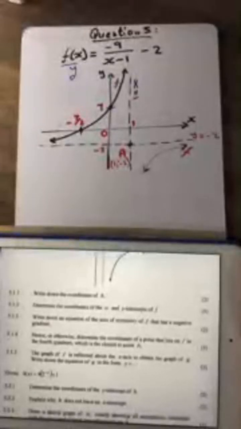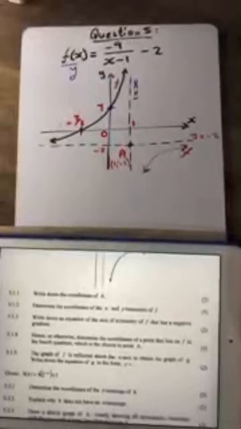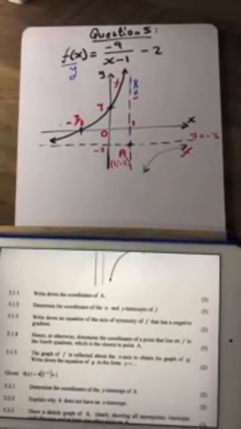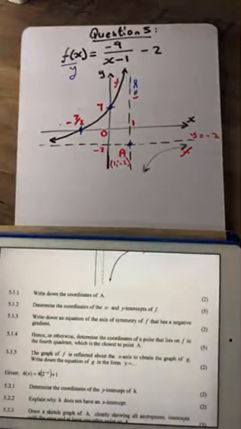Okay, so let's see. Now it says write down an equation of the axis of symmetry of f that has a negative gradient. Yes, I'm very happy that question came again. Today, we do have that question.